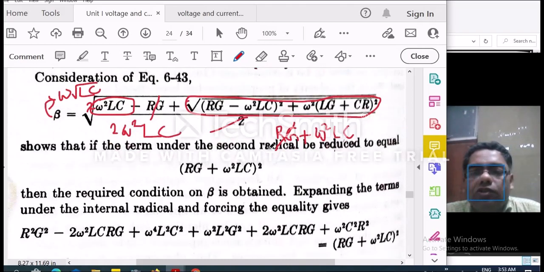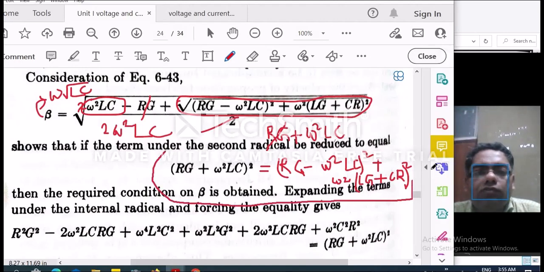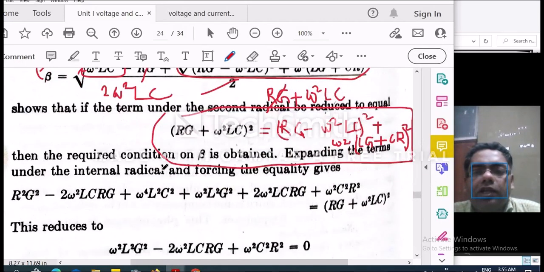My requirement is that this term should be equal to rg plus omega square lc, squared.